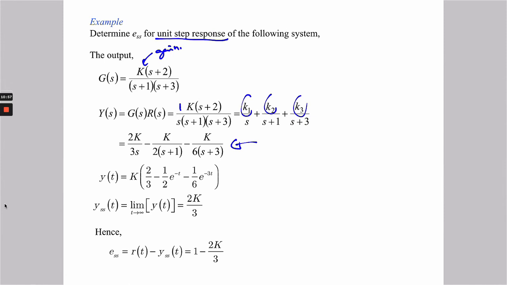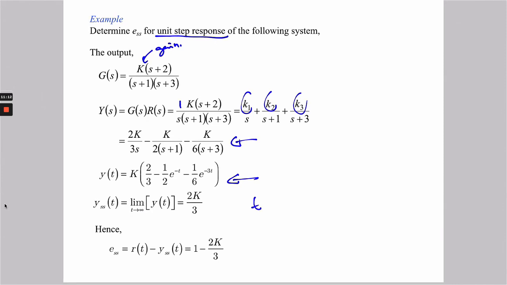What we have is this term. When we want to find the steady state error, we need to find the steady state value. Steady state value means at t approaching infinity. Okay, so we apply limit t approaching infinity to the output y(t).